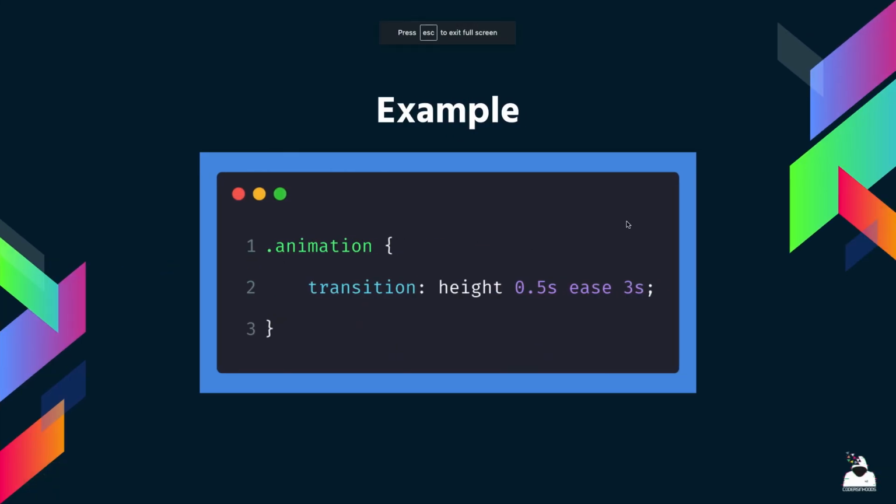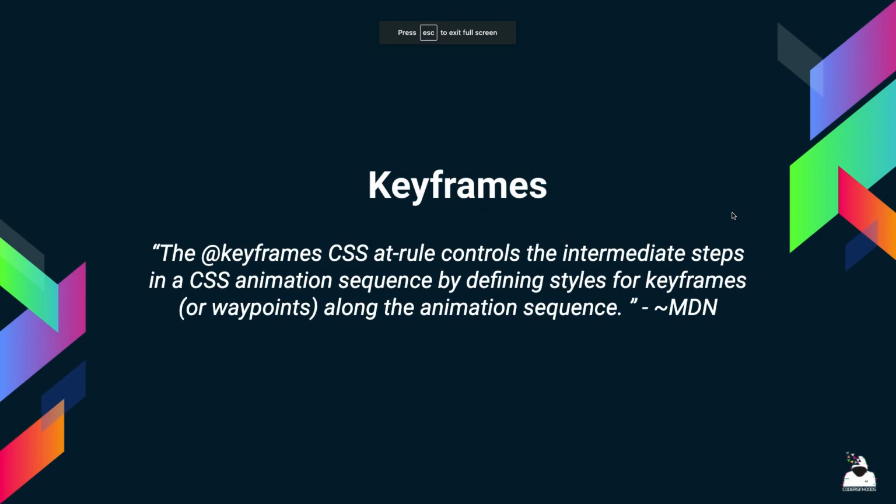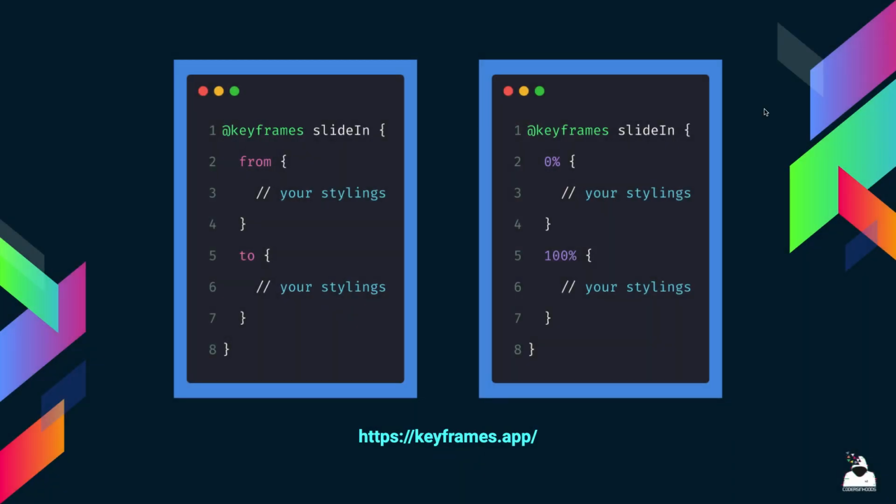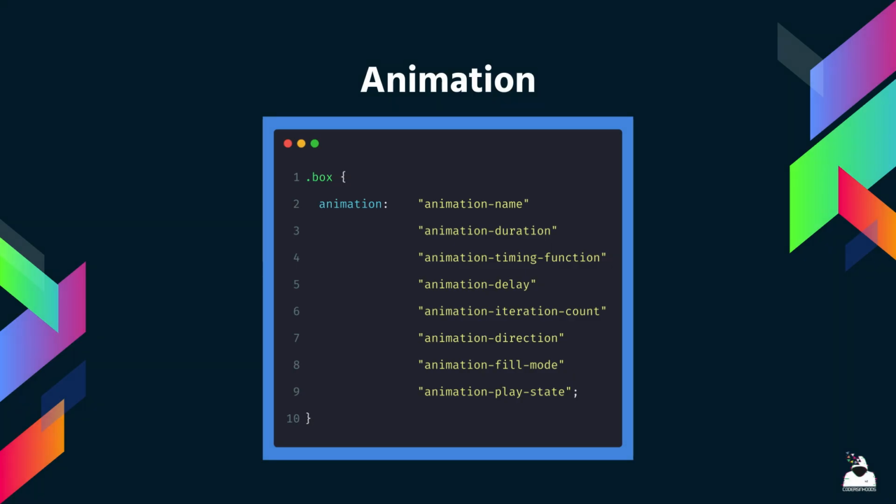Let me just check what we have in here. So keyframes control the intermediate steps in a CSS animation sequence by defining styles for keyframes. This is taken from MDN. This is how you define keyframes. We were just showing that.